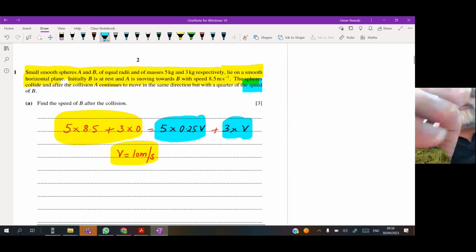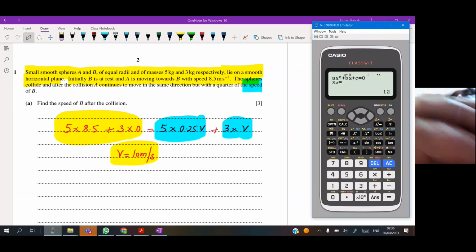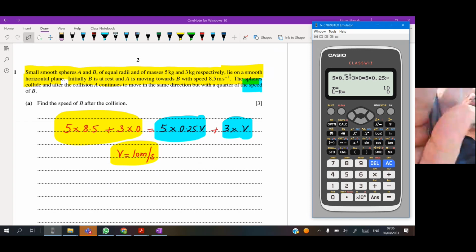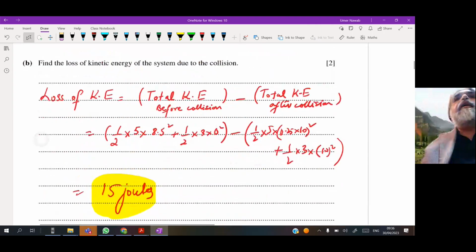We can solve it manually, or we can do this whole thing on the calculator by using equation solver, as I have already explained to you. 5 times 8.5 plus 3 times 0, and then you put the equal sign, then 5 times 0.25. In the place of V, you write X, plus 3X, and then shift solve. It tells you your V is equal to 10. So 3 marks you can easily get from this question.